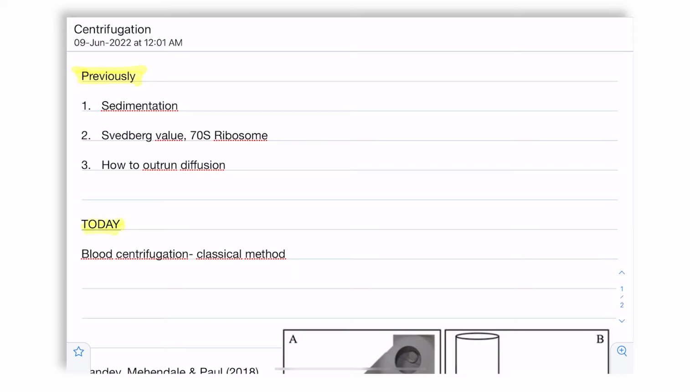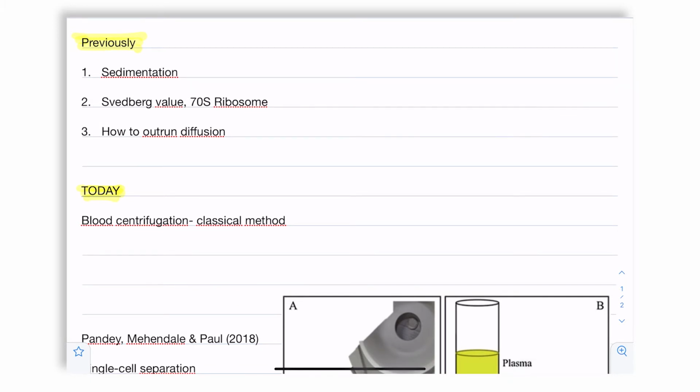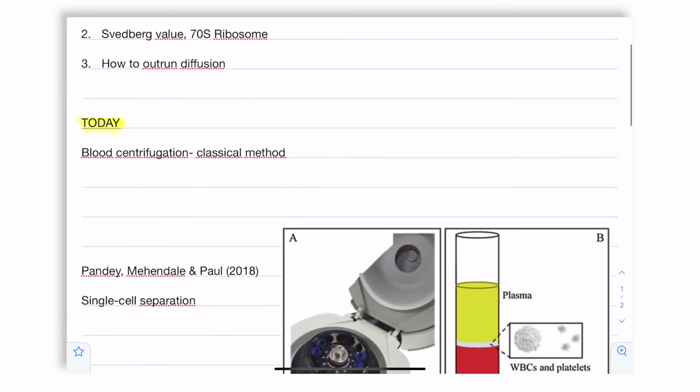For today, we're going to discuss blood centrifugation by the classical method, and see how not just laboratory centrifugation of the kind we would practice maybe in a basic biology lab, but also in a clinical setting, this might be relevant.